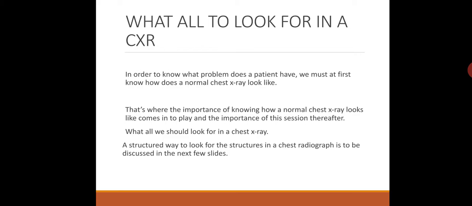In order to know what problem the patient has, we must first know how a normal chest X-ray looks. That's where the importance of this session comes into play. A structured way to look for the structures in a chest radiograph is to be discussed in the next few slides.